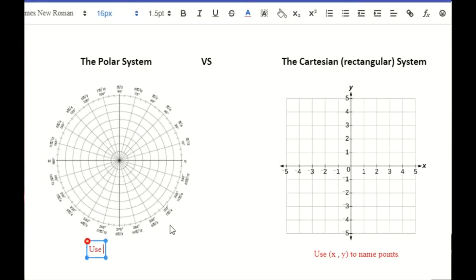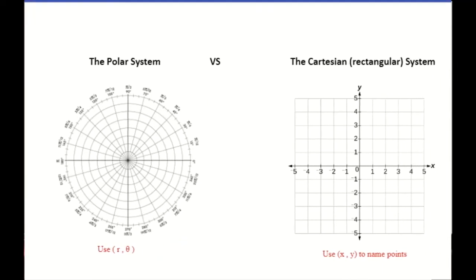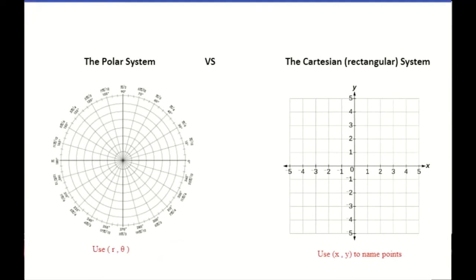You're going to use r and theta to name points.